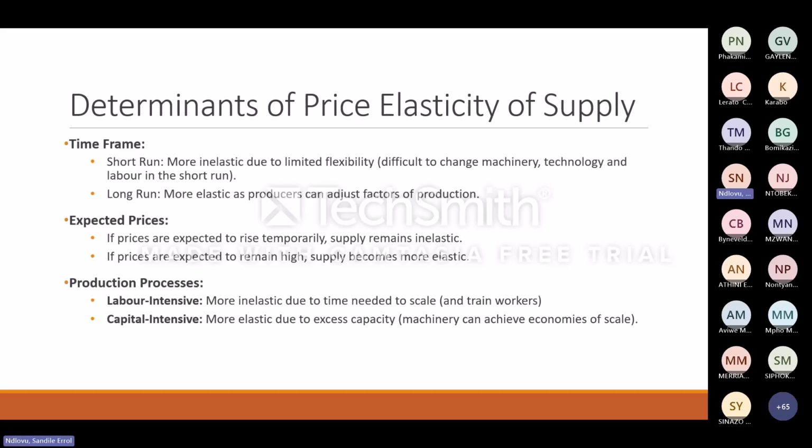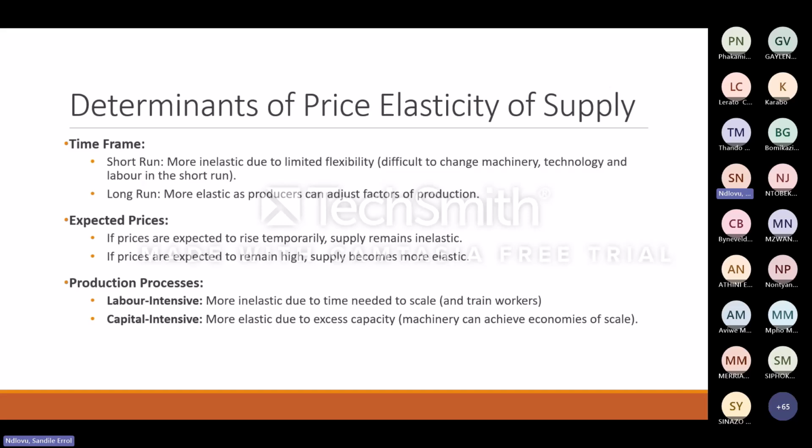And then you also have different types of firms, right? You have a labor-intensive firm and you have a capital-intensive firm. A labor-intensive firm is one that relies heavily on individuals to perform the work, and a capital-intensive firm is one that relies more on machinery and technology to produce their goods and services.